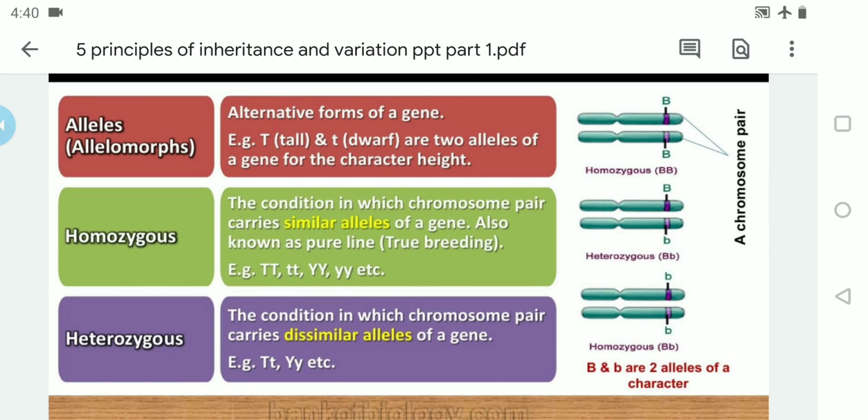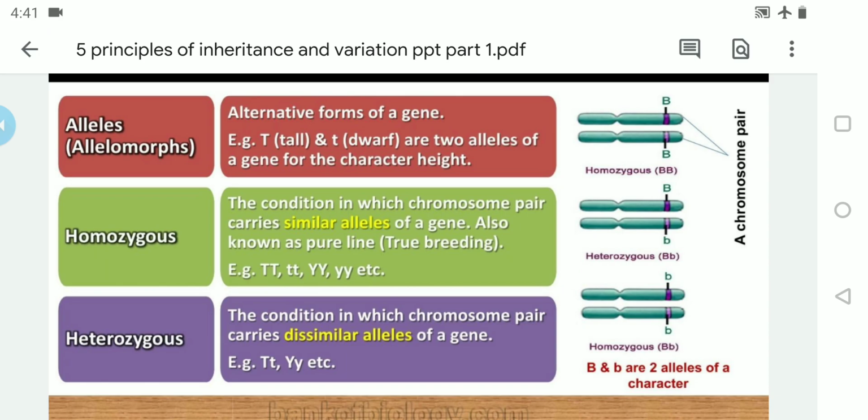Then small t, homozygous dwarf. Then capital Y, homozygous yellow. And there is another recessive condition, small y, generally the opposite color of yellow, that is green. That is a recessive character.